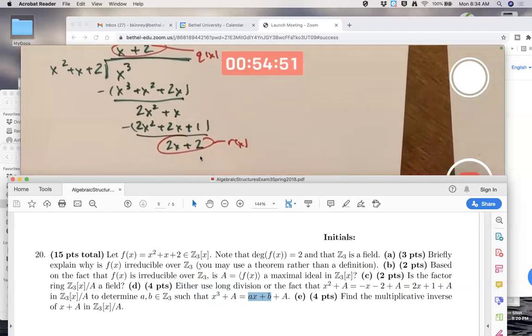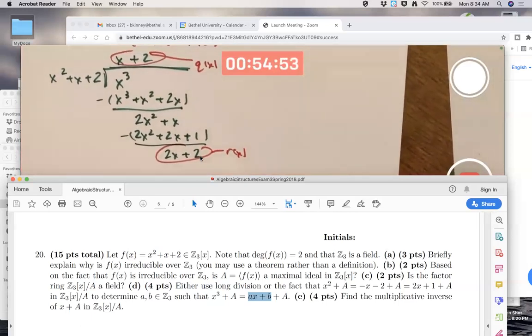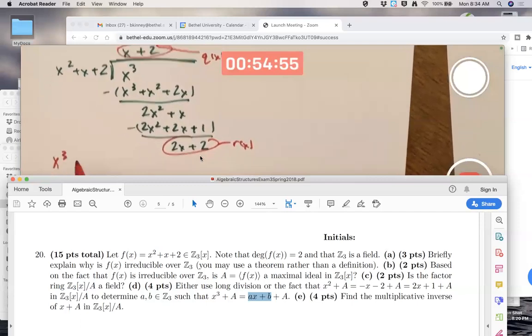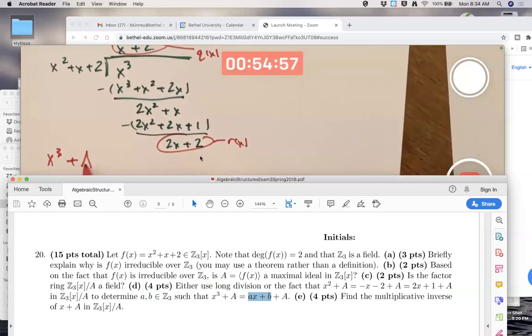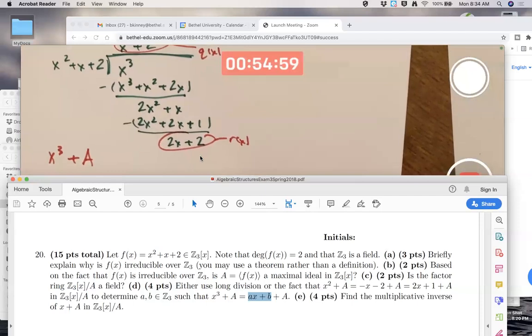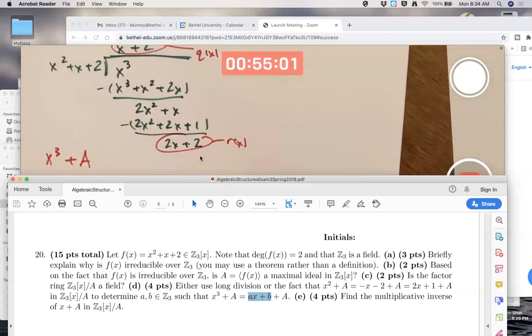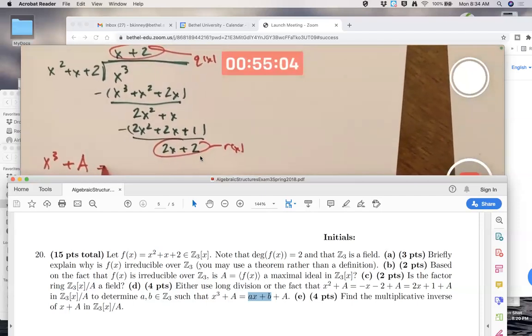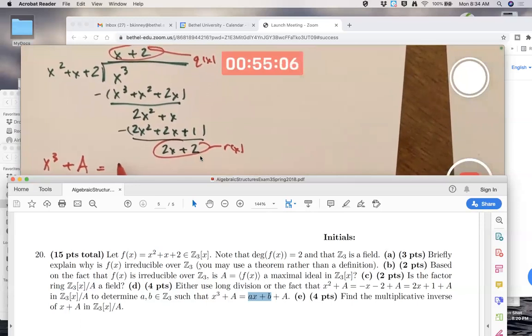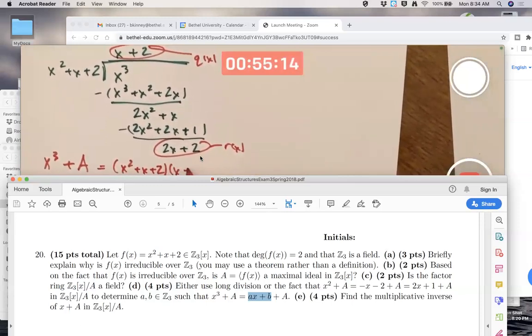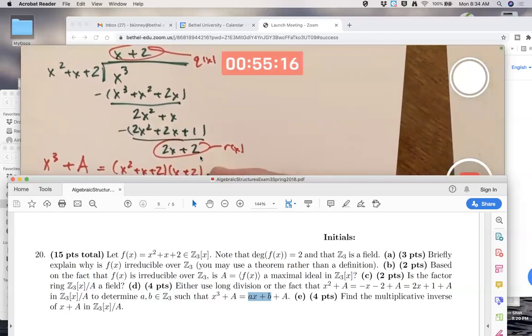So what does this mean? It means I can write x cubed, and let me go ahead and put the plus A here so that we're talking about a coset. x cubed plus A. Well, what does x cubed equal? It equals what I was dividing by, x squared plus x plus 2, times the quotient, x plus 2, plus the remainder, 2x plus 2.